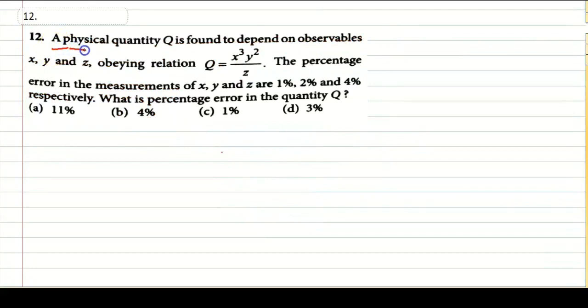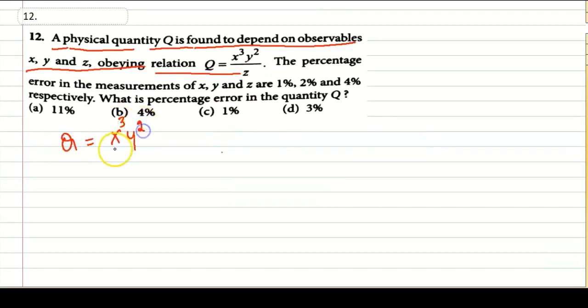So a physical quantity Q is found to depend on the observables x, y and z, obeying the relation Q is equal to x cube y square divided by z. The percentage errors in the measurement of x, y, z are given.